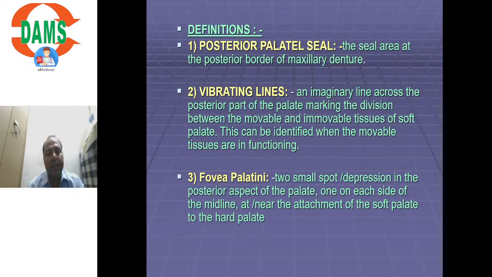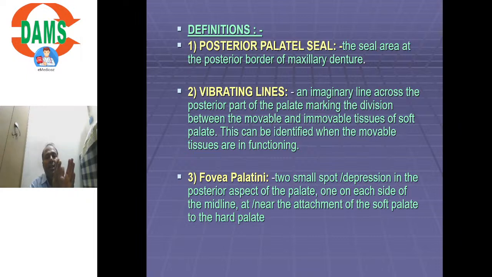what is the definition of a vibrating line? Now when we talk about the definition of a vibrating line, it is an imaginary line across the posterior part of the palate which divides the movable and immovable tissues of the soft palate, right? That means it can only be defined when we ask the patient to say "ah" and we see the soft palate moving.